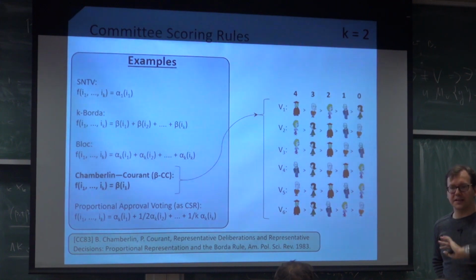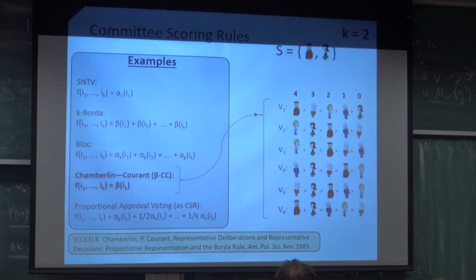I will keep on defining it 3 times to make sure you understand it correctly. The way this rule works is that if we have a committee, in this case red and green, the score of the committee is simply the Borda score of the highest ranked member of the committee.